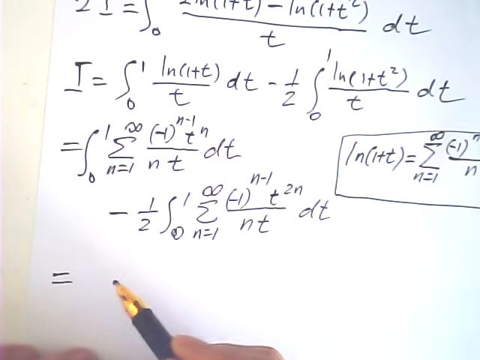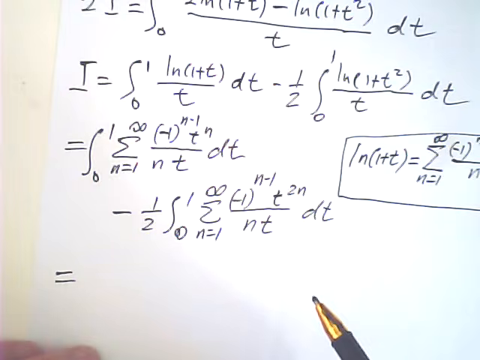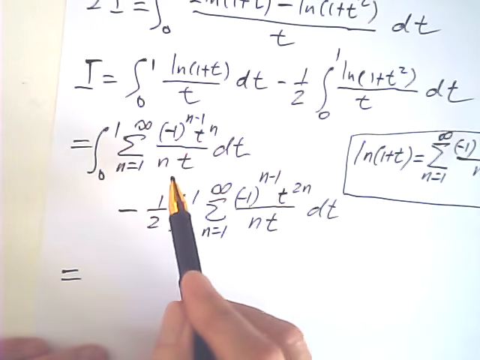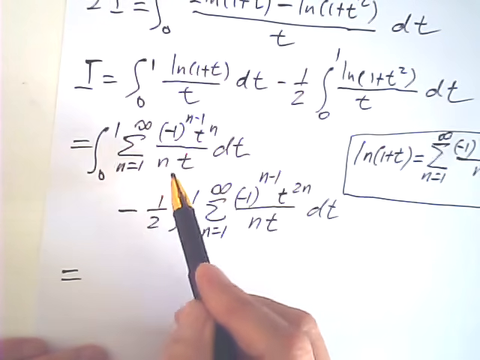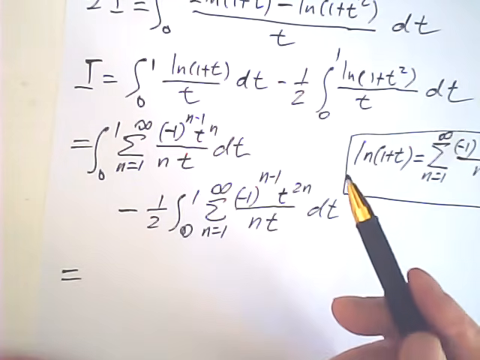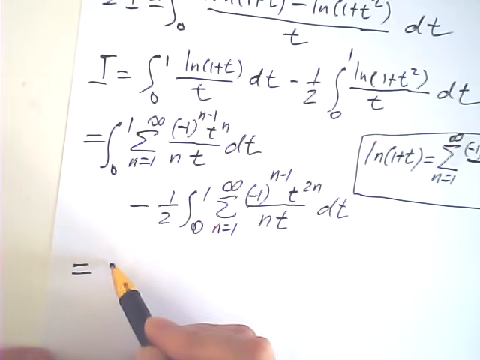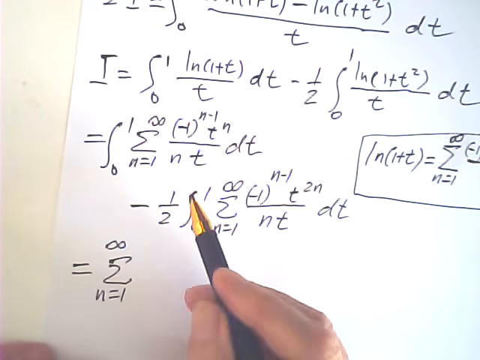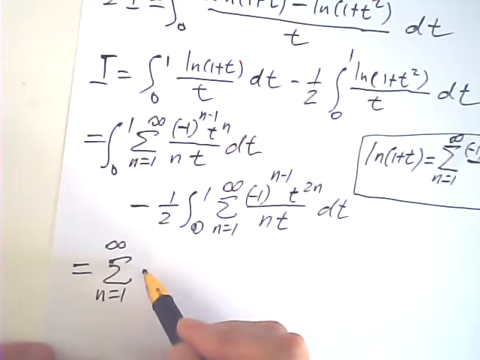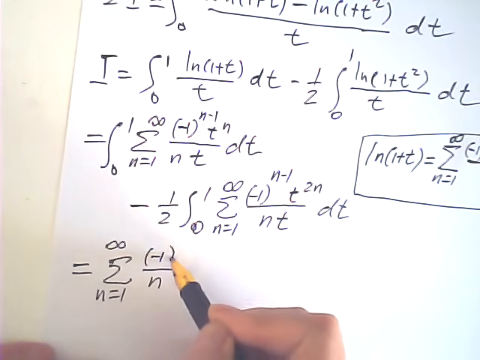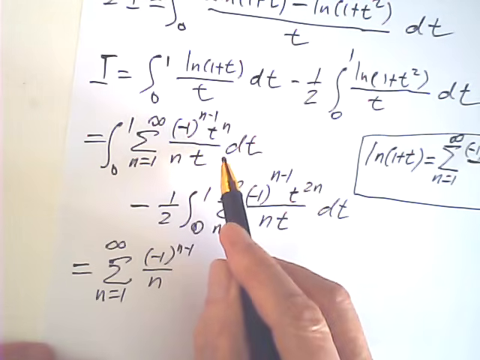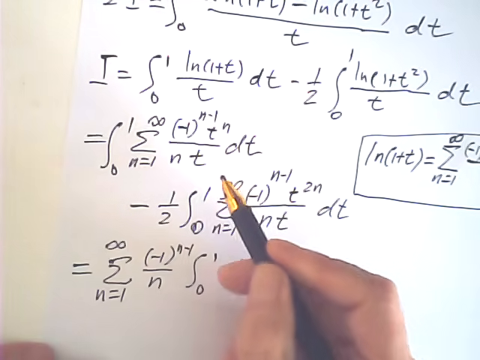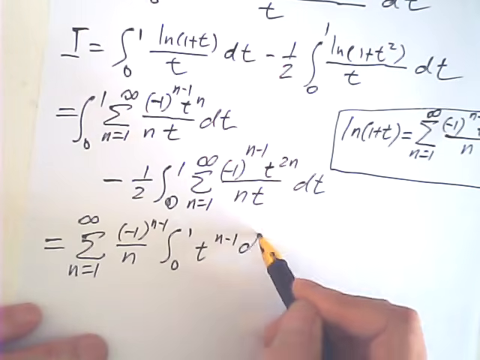Then this equal to, well, since t is between 0 and 1, so the series converges, so we can switch the operators, become this, right? Then take n out, negative 1 to the n minus 1. This integral, t to the n minus 1, this is t to the n, and dt, right?